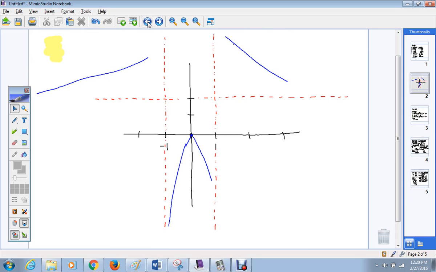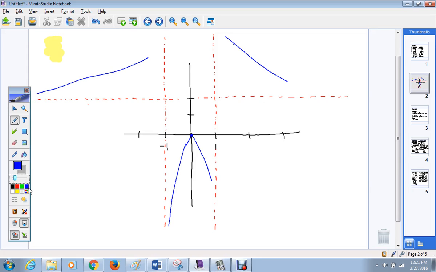Now we can apply our concavity. From negative infinity to negative 1, we are increasing concave upward. So let's draw that in. Let me extend our asymptote.